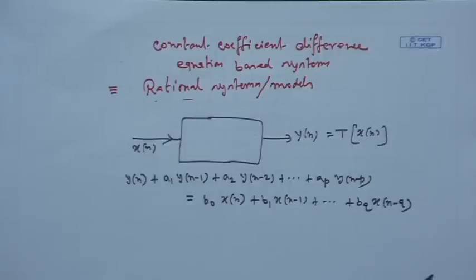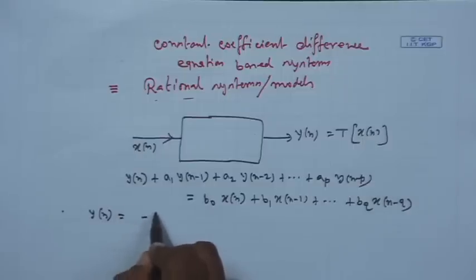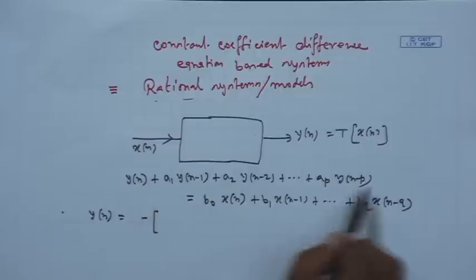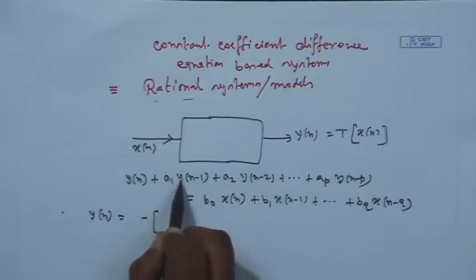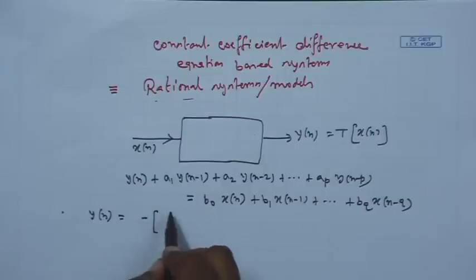Given this, you can work it out this way: keep y n on the left hand side, and the terms from y n minus 1 to y n minus p, you can keep them on the right hand side.